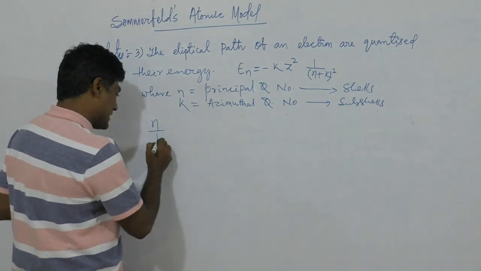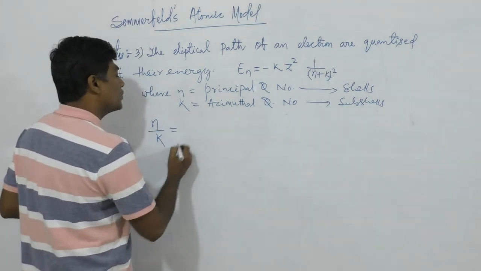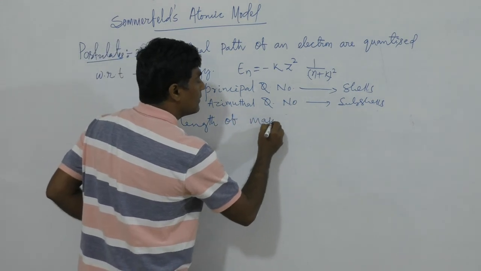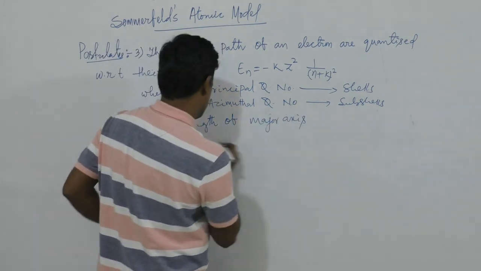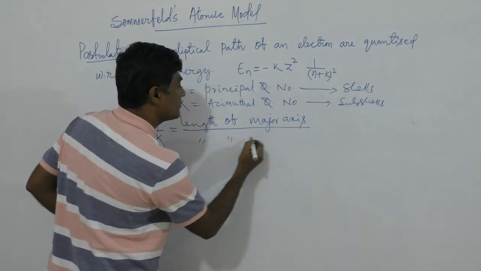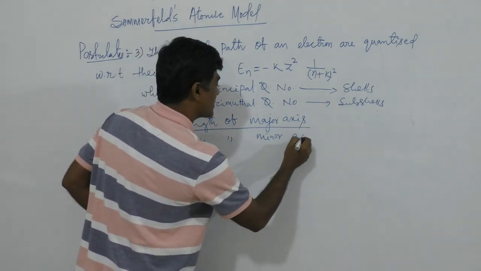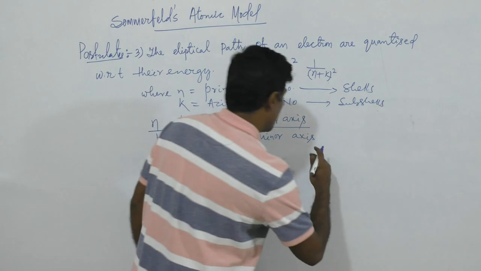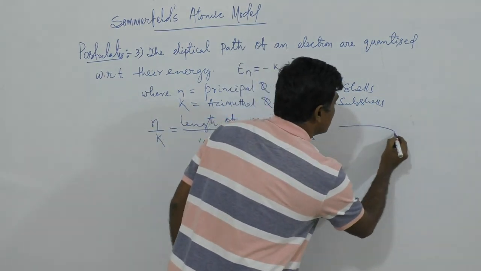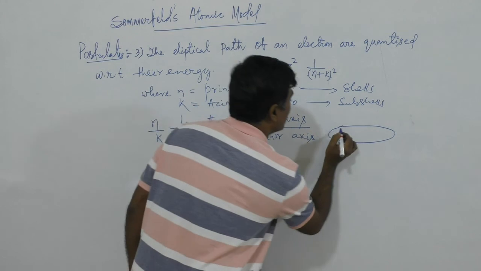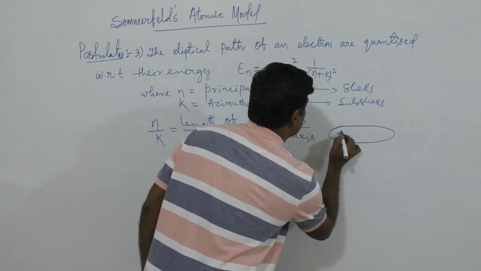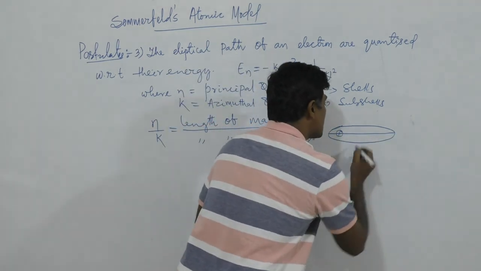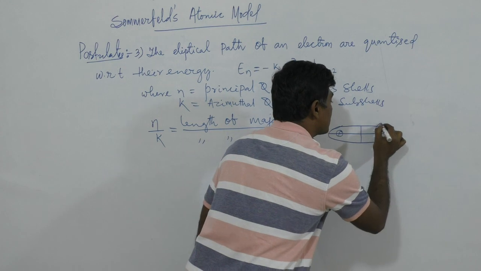So n/k is equal to the length of the major axis divided by the length of the minor axis. Which one is the major axis and which one is the minor axis? If this is the elliptical path and the electron will be present at one of the foci, this is called the major axis and this one is the minor axis.